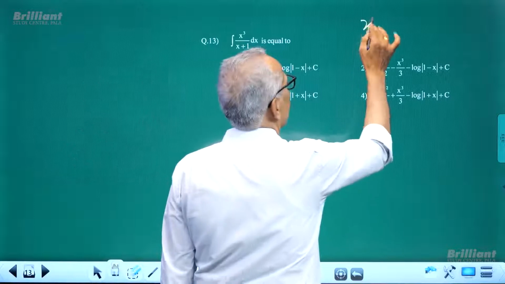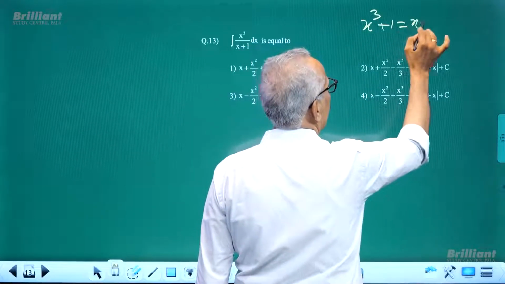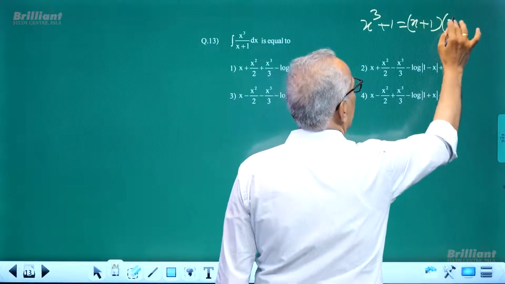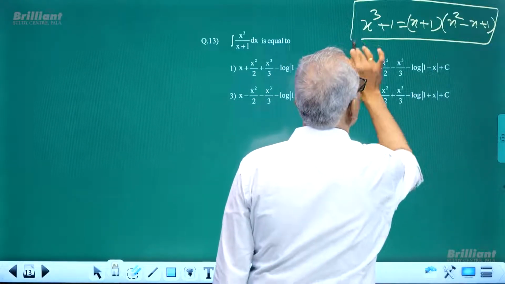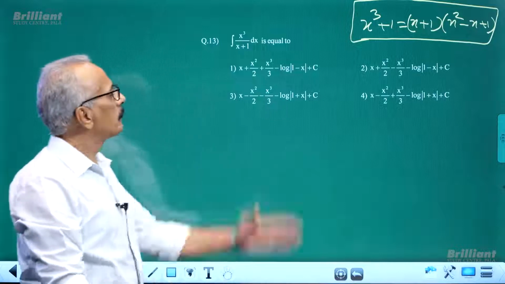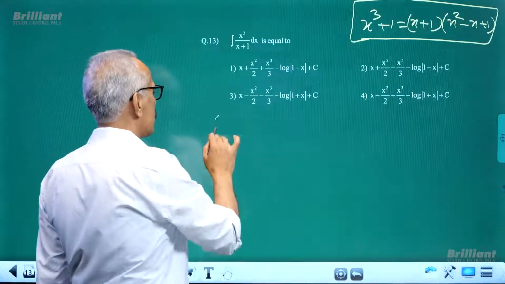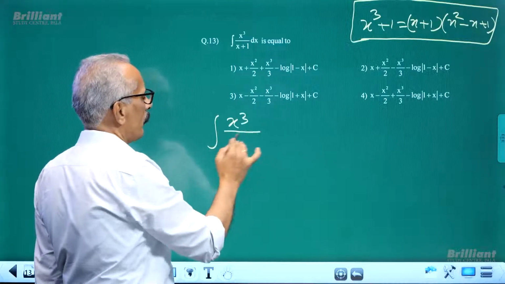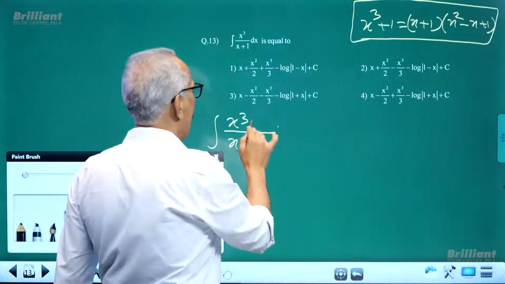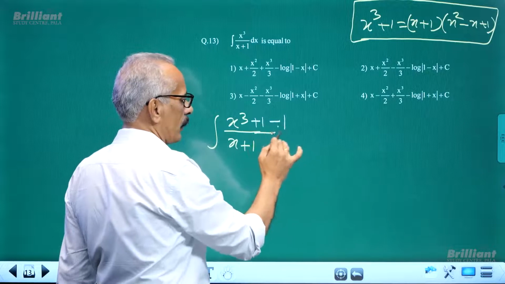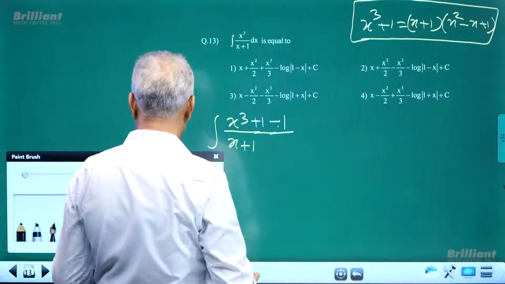You know, x cube plus 1 is equal to x plus 1 into x square minus x plus 1. Since you know this a cube plus b cube formula, it's very easy to divide. Look at this, integral x cube divided by x plus 1. What do I do? I add a 1, subtract a 1. That is dx.